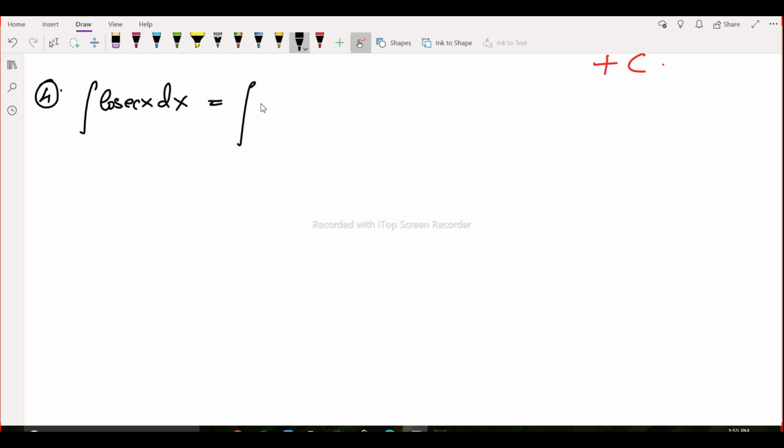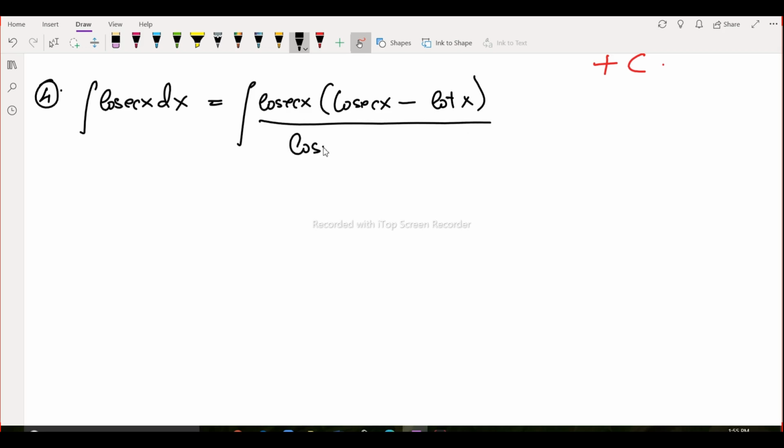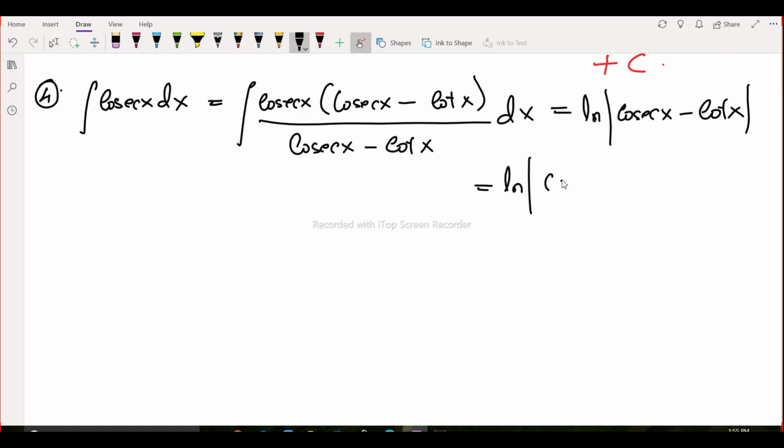You will multiply and divide, this time by cosec minus cot, because cosec and cot are interrelated: (cosec x − cot x)/(cosec x − cot x). Now if you observe carefully, the derivative of the denominator is in the numerator. So the formula is ln |cosec x − cot x|. In some international books, you'll find cosec written as csc x − cot x, plus c.